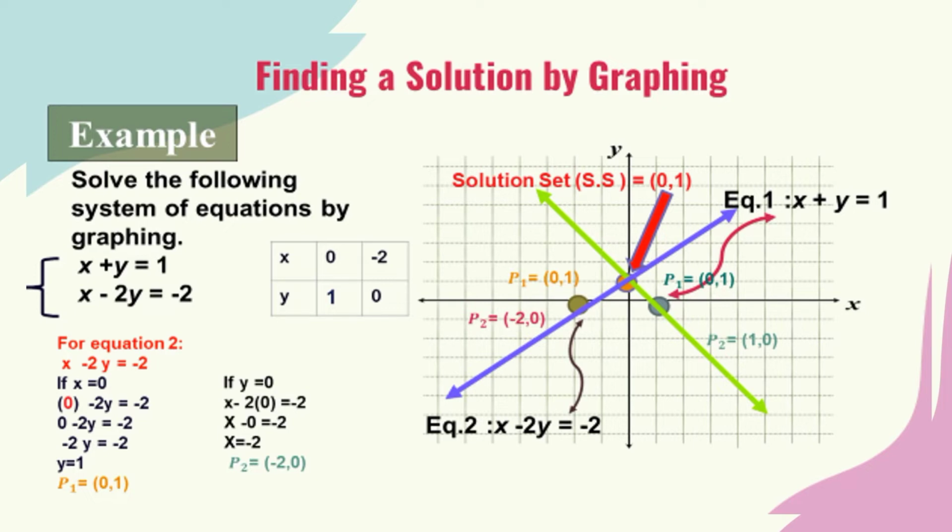You will notice there is a point of intersection here. This point of intersection has the coordinates (0, 1), and this coordinate is called the solution set. So the solution set for the system is (0, 1), where solution set is symbolized as SS.